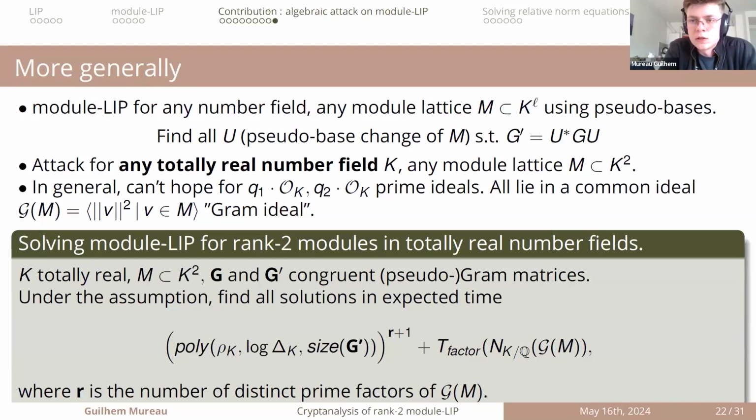So this tells you that the complexity is really linked to this Gram ideal. This is an invariant of the module. If the Gram ideal has too many factors, you can do better.